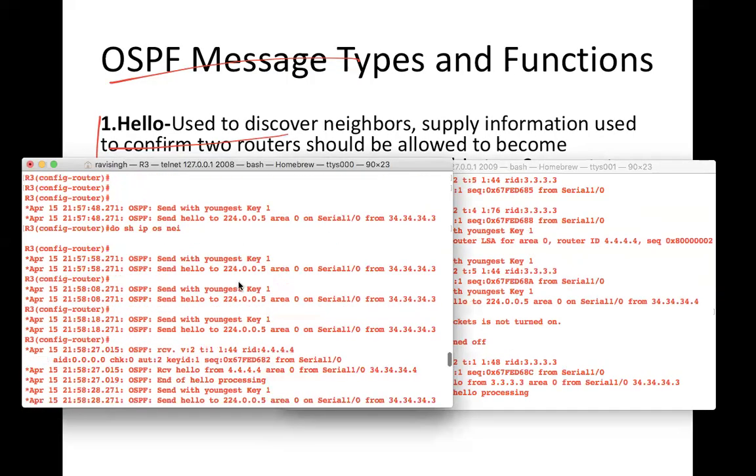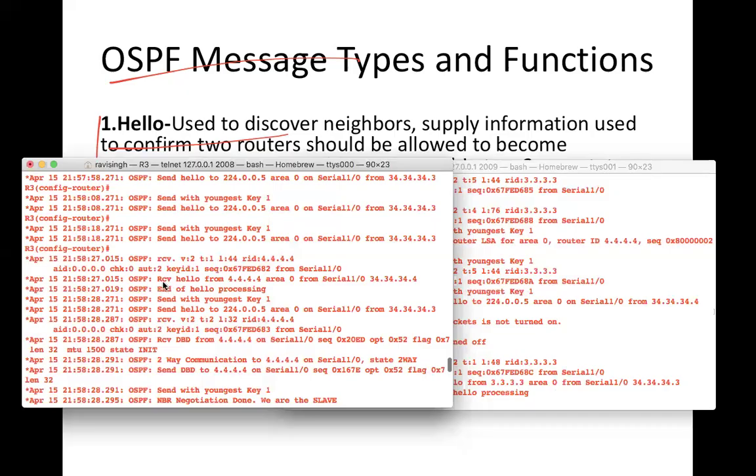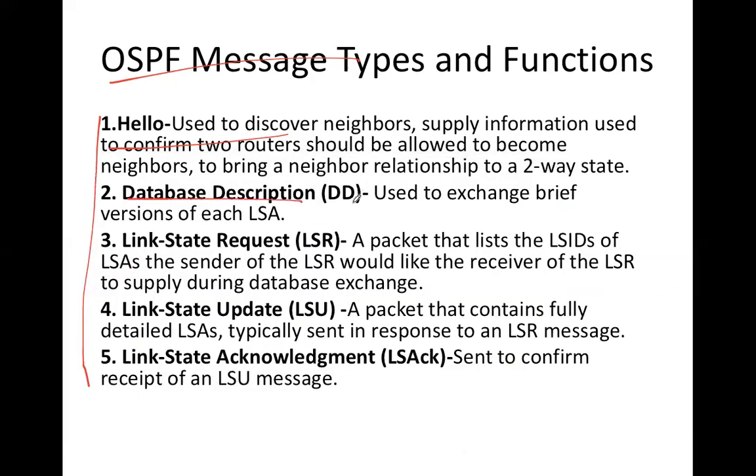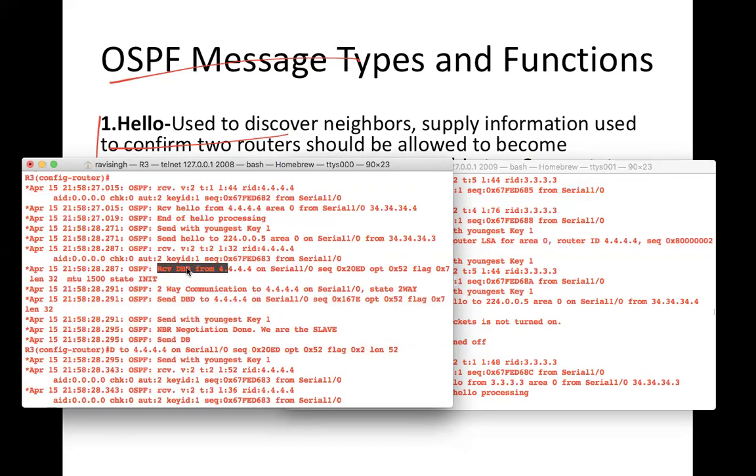Now we have got some information. Here it says we have received the hello from 4.4.4.4 on this interface, and this is where the state is init. You see, state is init. And also we received the database description, DBD, which is the second OSPF packet type, on this interface, and the state is two-way here.